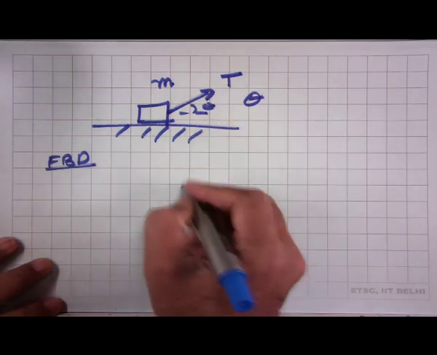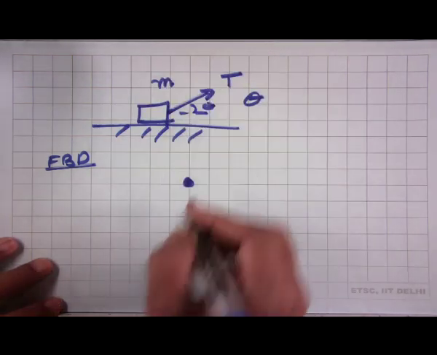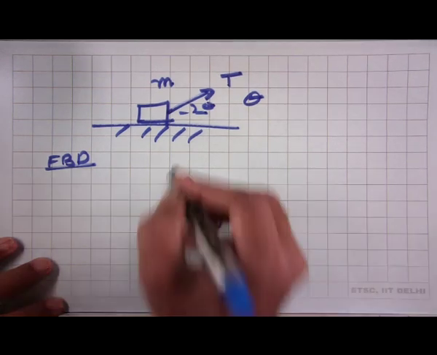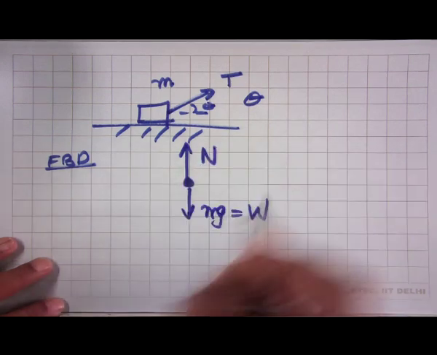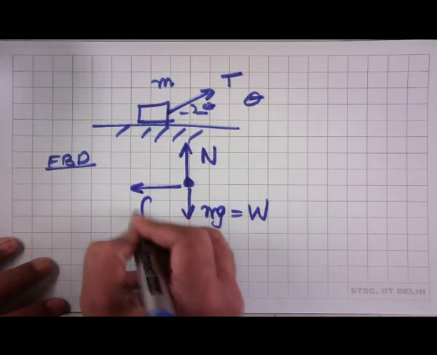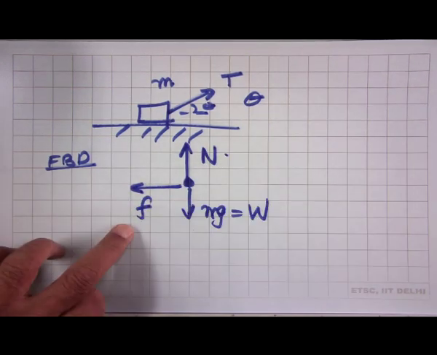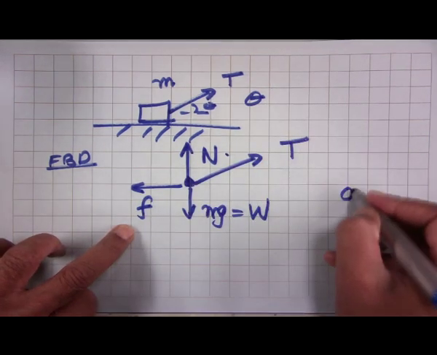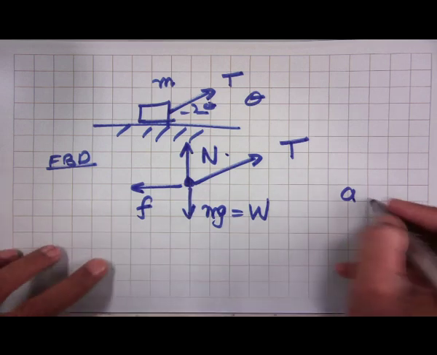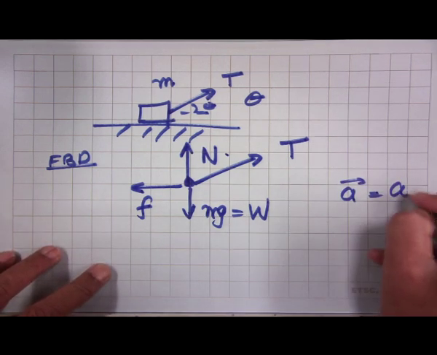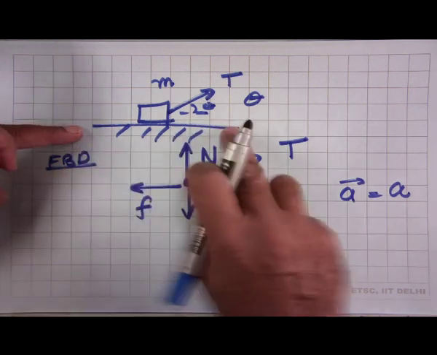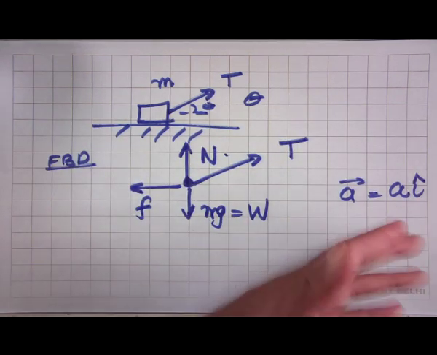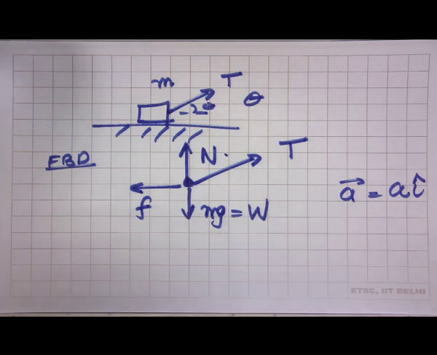So, if I draw the free body diagram of the block, I will get its weight acting down, there is a normal reaction, there is a friction force. These two, N and F, are the contact forces, and we have the tension T, and because of which the body accelerates, and due to the constraint of the problem that the body moves on a plane, acceleration will be equal to acceleration as a scalar only in the x direction.